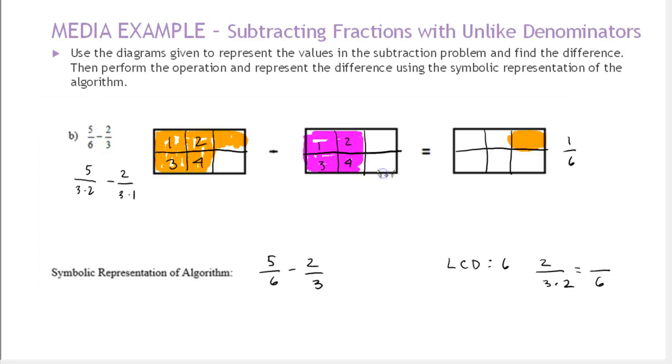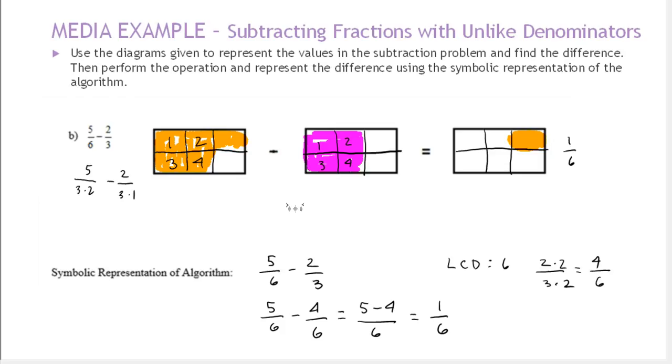That will be 2, just like we cut these into 2 pieces, and we have 4/6. We rewrite our original problem using the common denominator. We subtract the numerators. We took away the 4 pieces from the 5. The piece size stays the same, and we have 1/6.